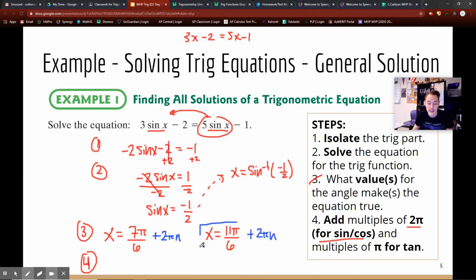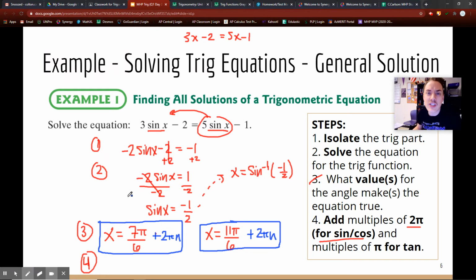Why do I need to do this? Because read the title of this slide. It says general solution. Are you going to find every single solution that fits this equation to infinity and beyond? No. You'll be dead before you do that. There are so many solutions because of the periodic nature. It repeats every 2 pi integers.